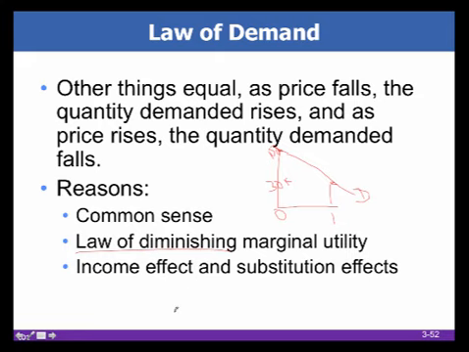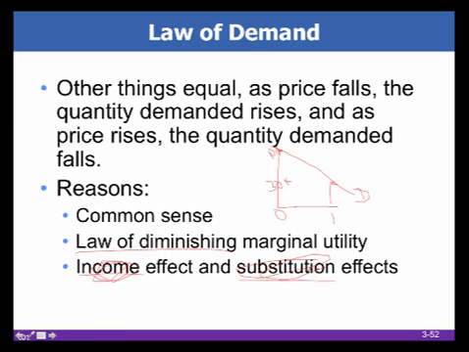And then the income effect and the substitution effect, we'll talk more about later on, but basically what that means is as the price of something goes down, then you feel wealthier. When you are wealthier, you can buy more stuff. The substitution effect, on the other hand, is when the price of something goes up, then I'm more willing to purchase something that is similar to it.